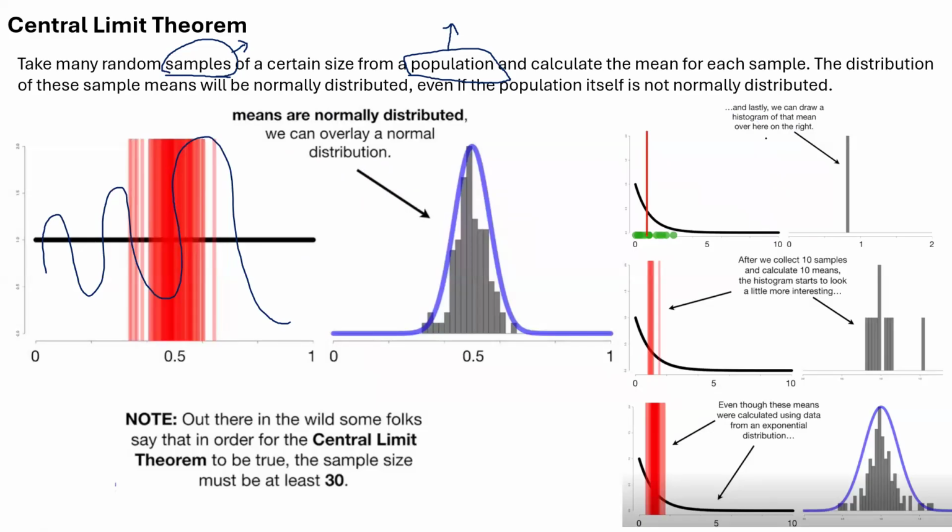And lastly, we can draw a histogram of that mean over here on the right. So this is the distribution. From this distribution, you have taken some samples. If you don't understand this example, this is how you have to understand it. Let me explain that diagram to you.